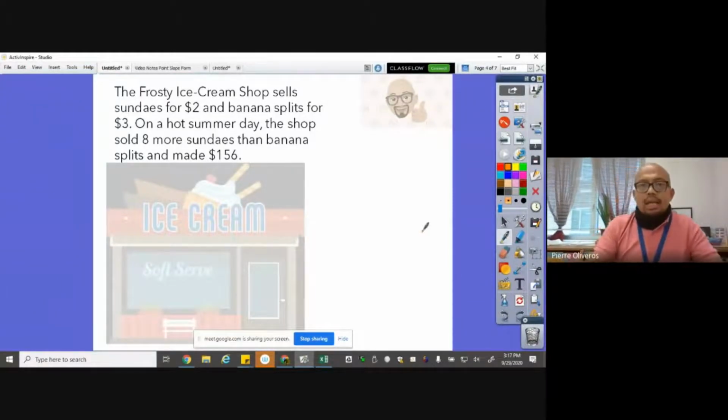The Frosty ice cream shop sells sundaes for $2 and banana splits for $3. On a hot summer day, the shop sold 8 more sundaes than banana splits and made $156. So what are the things that we know here? We know that this ice cream shop sells 2 kinds: sundae for $2 and banana split for $3.